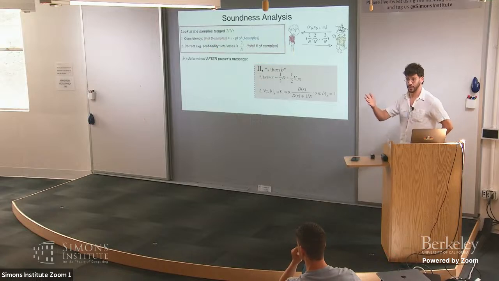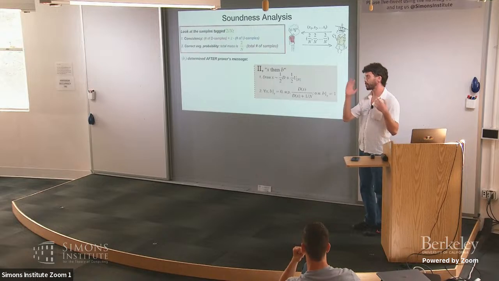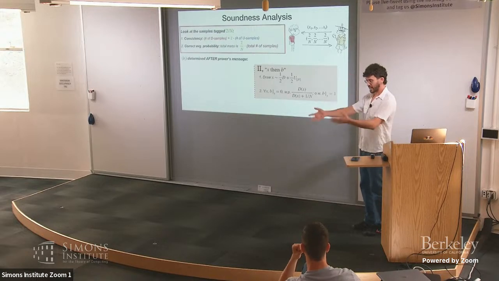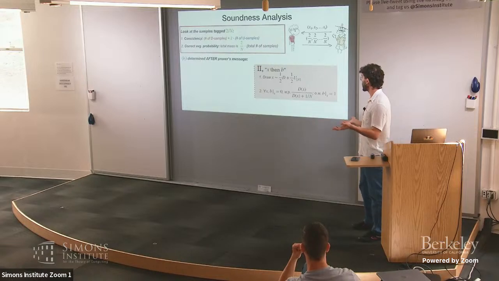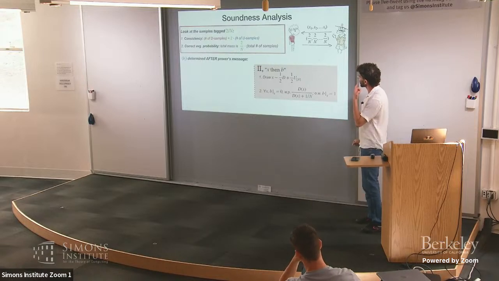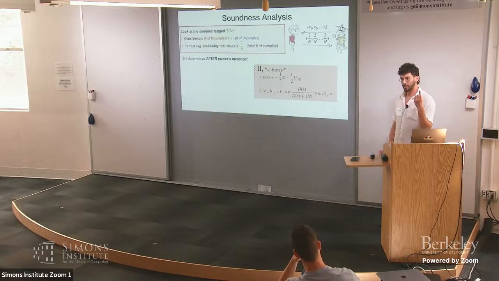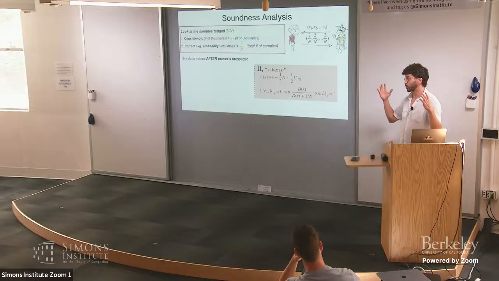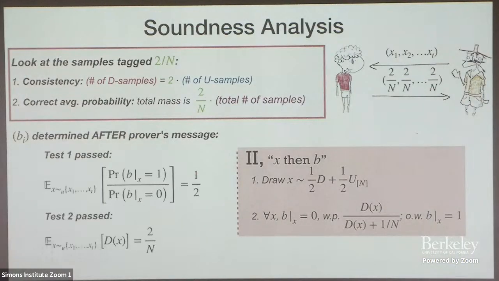So let's see how this helps us. We now think that the prover gets the samples, then decides which samples they want to tag 2 over n. And now let's think about what conditions the samples that the prover wants to tag 2 over n must comply with. So the first condition is the following.